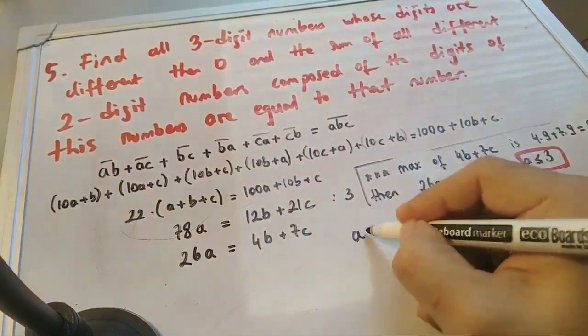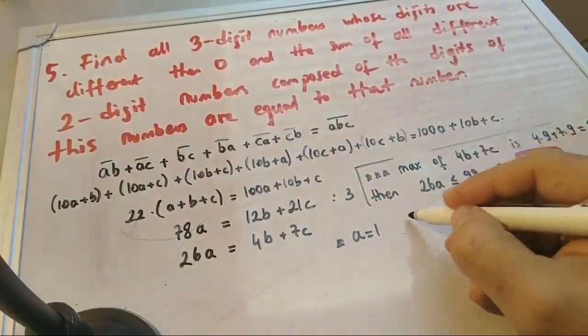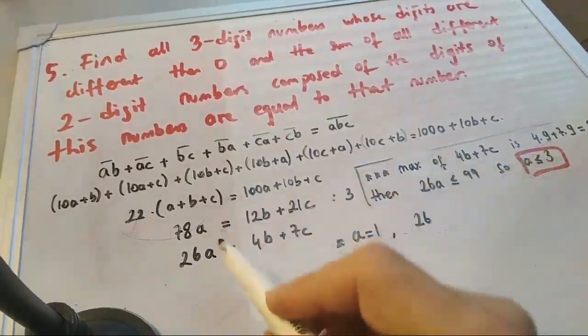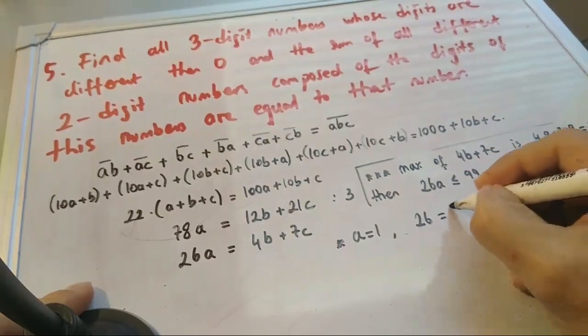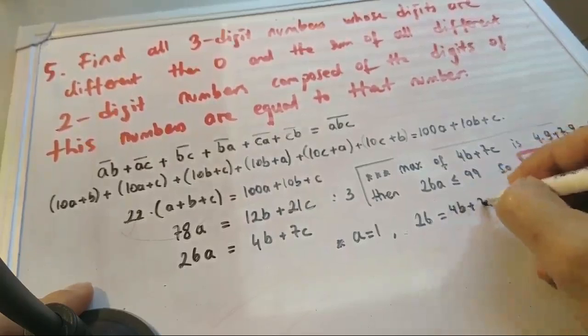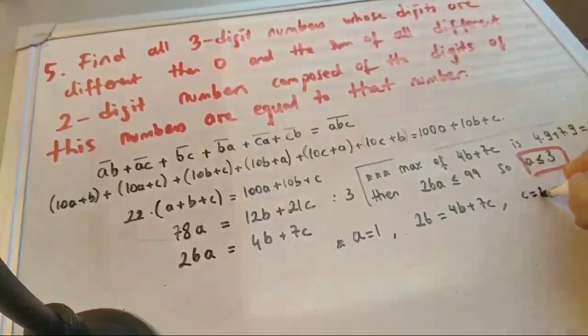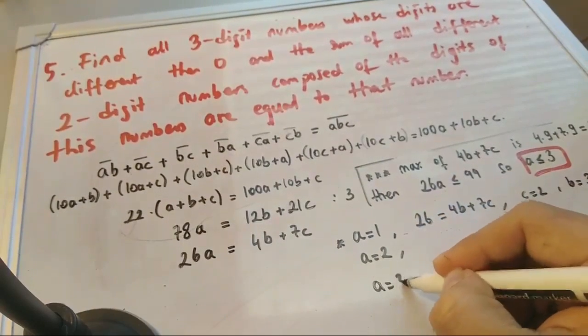For A is 1, 26 is equal to 4B plus 7C. And from here we will get C is 2, B is 3.